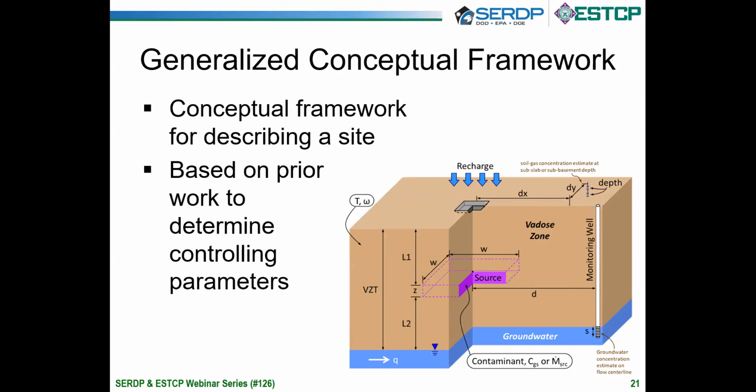And so that's what you're going to enter into SVE 2 in terms of geometry: how thick is the vadose zone, where is the source located, what's the size of the source, as well as the strength of the source and some of the subsurface properties such as temperature and moisture content, also recharge. And you're going to describe the location for the monitoring well for groundwater or a sub-slab or sub-basement location for soil gas if you're interested in vapor intrusion impacts.